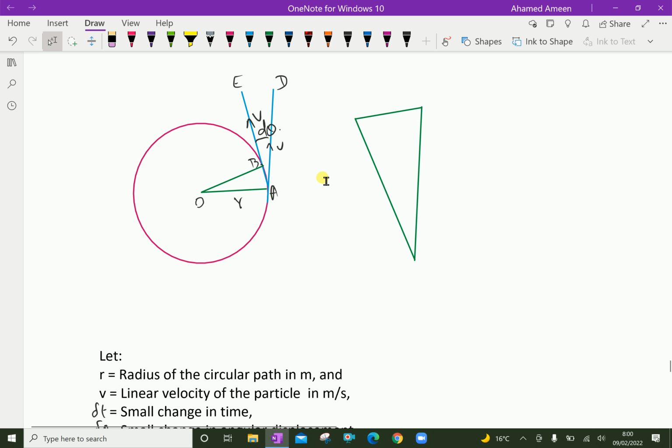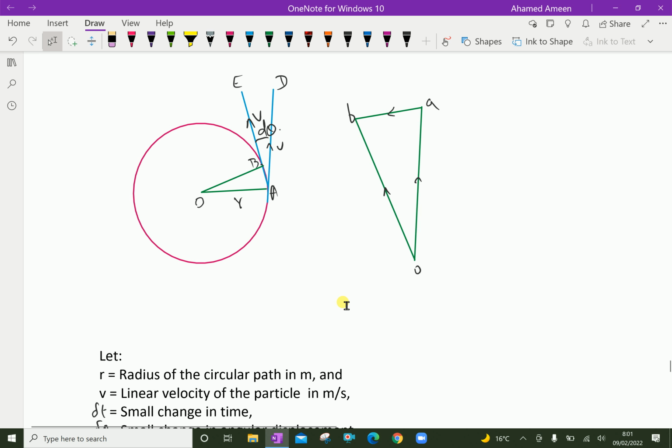Now, this is a vector triangle with points O, A, B. Vector OA represents AD, vector OB represents AE, and AB represents DE.